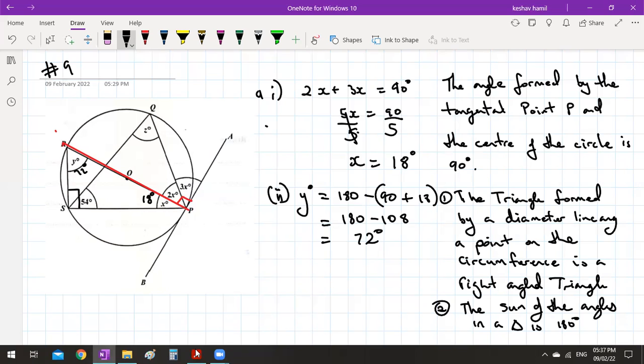And again, the sum of the angles in a triangle is 180, so you take away this angle and the angle here from 180 to get z. Or you could use circle theorem to say that this angle and this angle would be equal because they are bounded by the same chord.